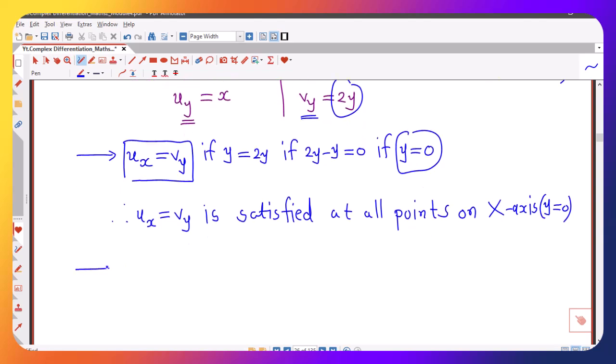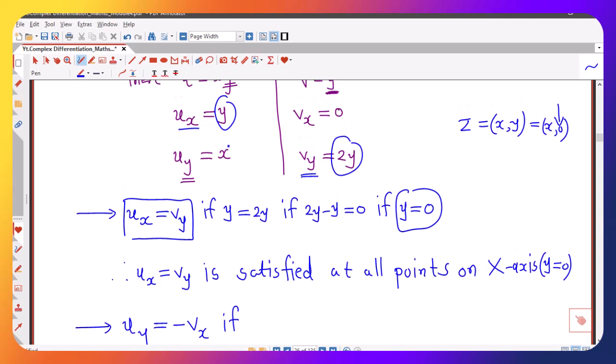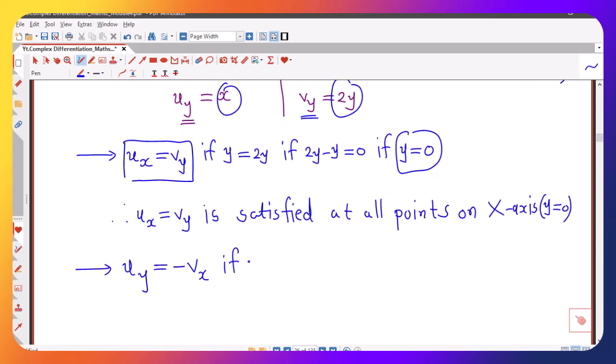Then we determine the points at which the second Cauchy-Riemann equation is satisfied. The second Cauchy-Riemann equation is del u by del y equal to minus del v by del x. This is true if del u by del y, that is equal to x, is equal to minus del v by del x.